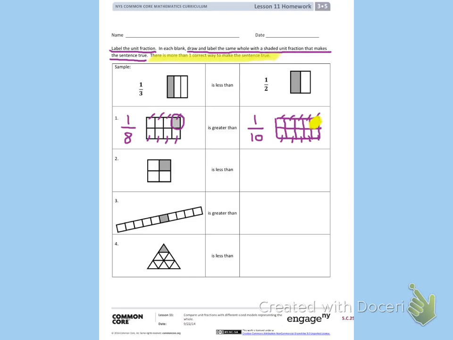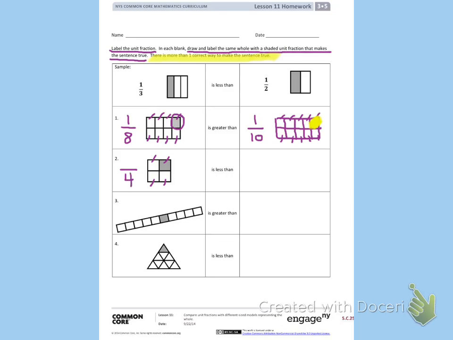Now let's look at row 2. In the first column, you see a square. We need to label the unit fraction. In order to do that, we need to figure out how many pieces there are in the square. 1, 2, 3, 4. There are 4 equal pieces in the square, so I'll put a 4 on the bottom of my fraction.